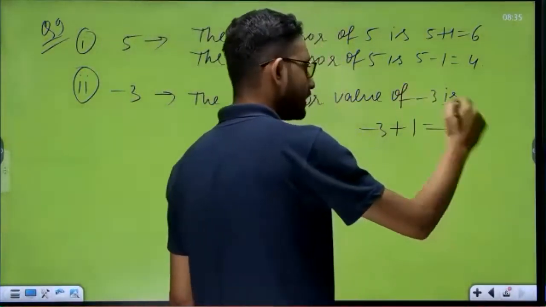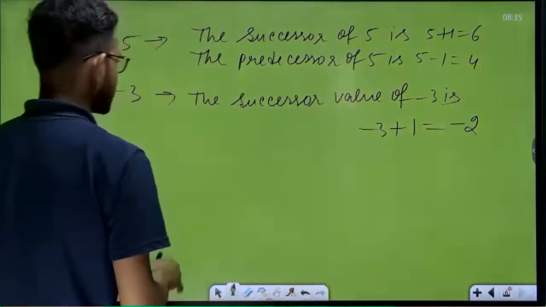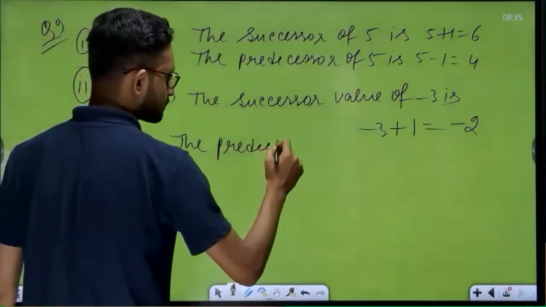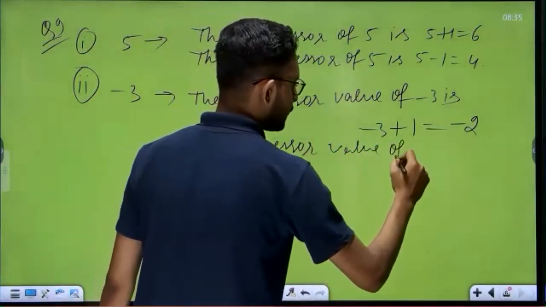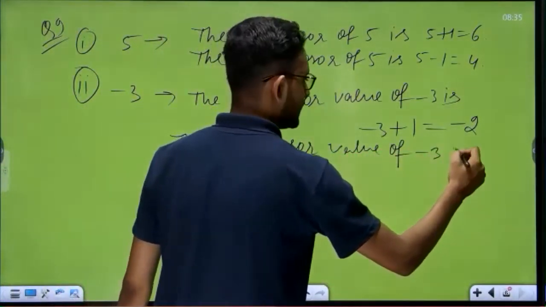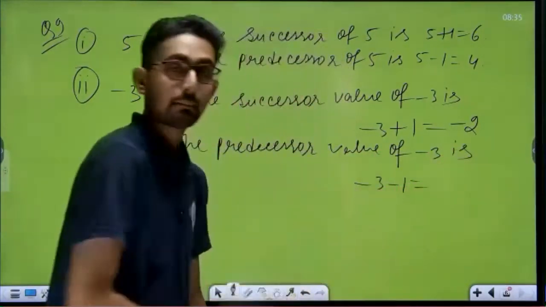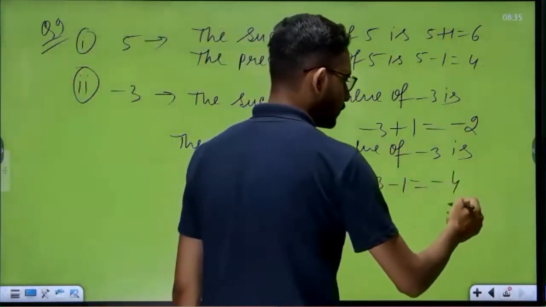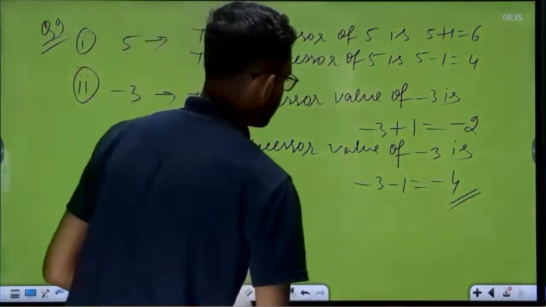Before bigger number, minus sign. That's why the answer will be minus का 2. Very simple. Now next one, the predecessor value of minus 3 is minus 3 minus 1. That is both numbers minus, and both number minus means minus minus plus. So write down minus ka 4. Done. Very simple question.